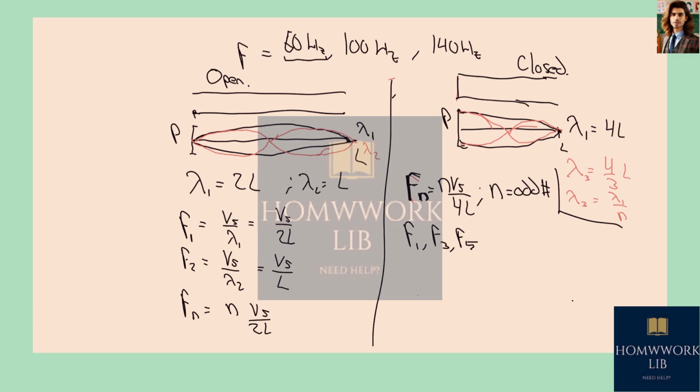In this case, this cannot be an open system because even though we have a difference between each of the harmonics of 40 Hz, for this to be true, the fundamental frequency would need to be equal to 40 Hz. And there's no way of going from 40 Hz to 60 Hz in an open system on the harmonics. The second one would correspond to 80 Hz.